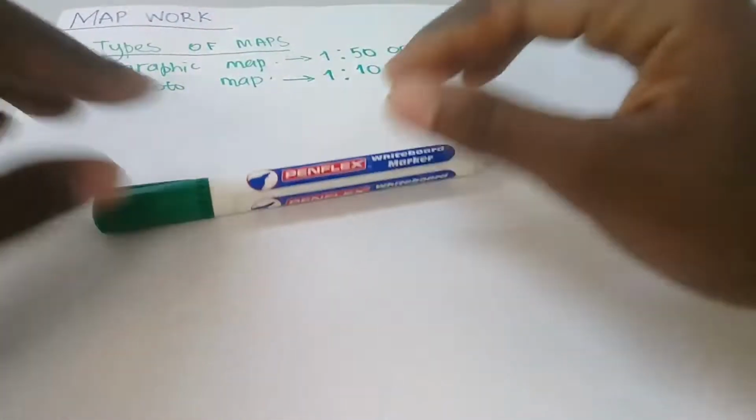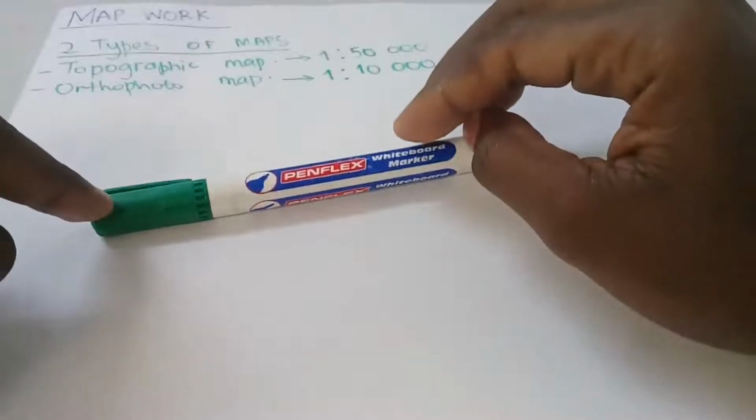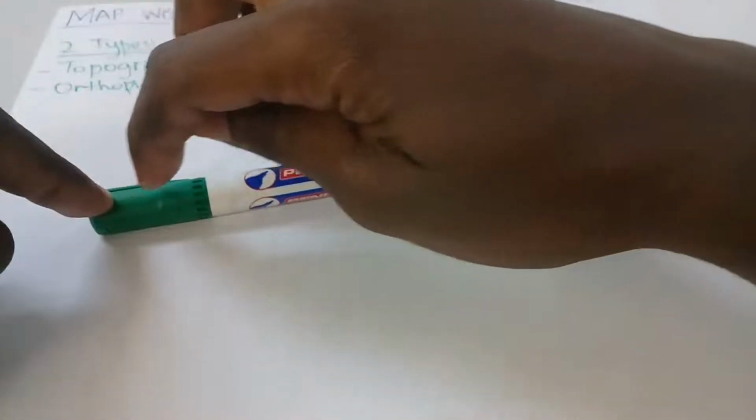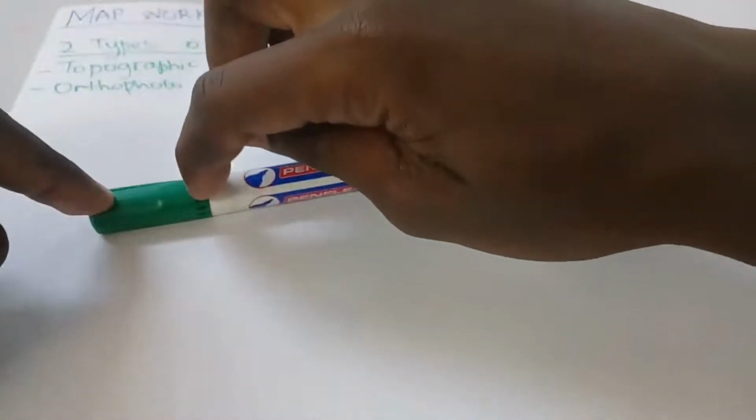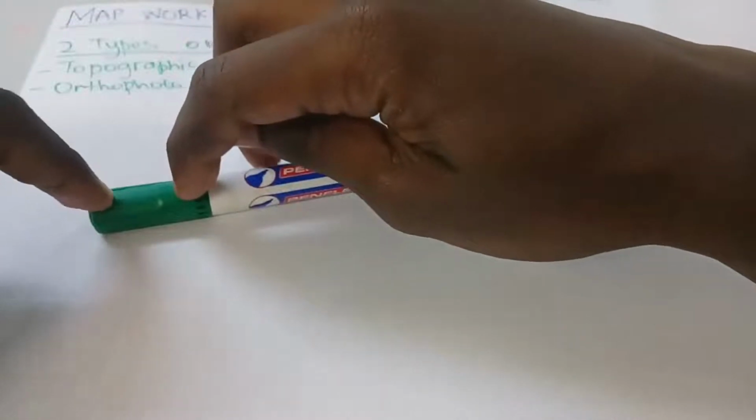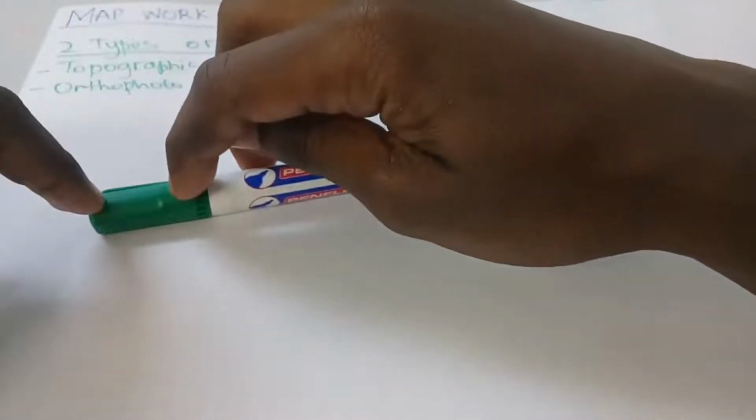Let's say we have a map. In our map, if you take your ruler, a straight line ruler measured in centimeters, you could see that maybe from here to here is 1 centimeter.